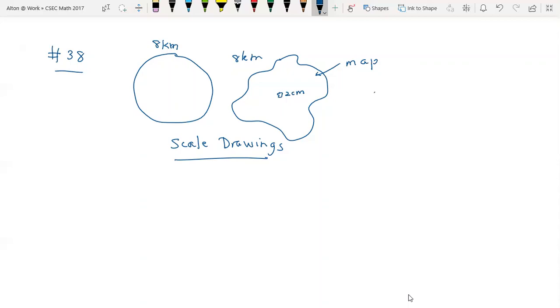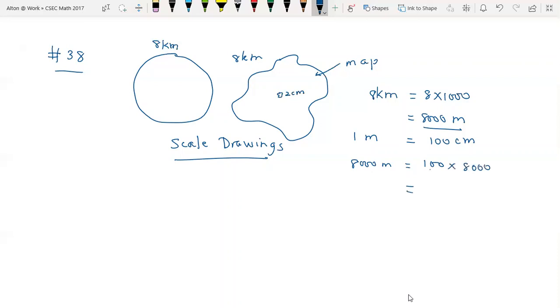So 8 kilometers, let's first convert that to meters. 8 kilometers is 8 by 1000, which is 8,000 meters. And we know that 1 meter equals 100 centimeters. So 8,000 meters will equal 100 by 8,000.